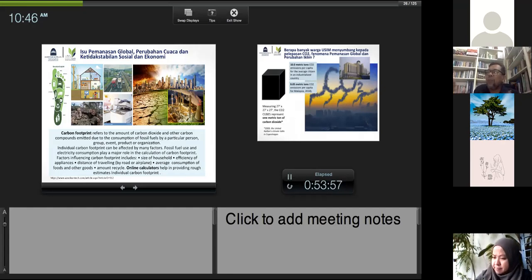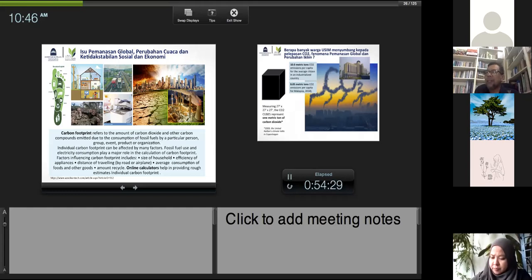Okay, we talk about this issue, and everyone should know, including all of you, the issue of global warming and climate change, and also the direct impact on social and economic destabilization worldwide. And in short, we can say that to understand this is to understand the carbon footprint.